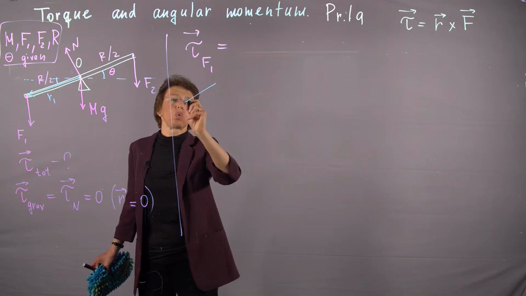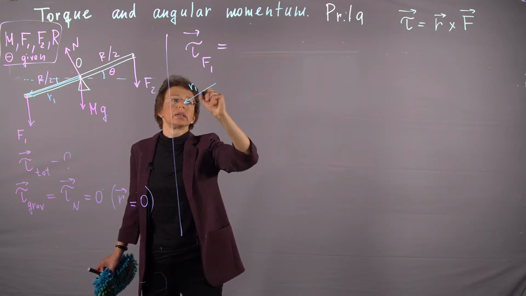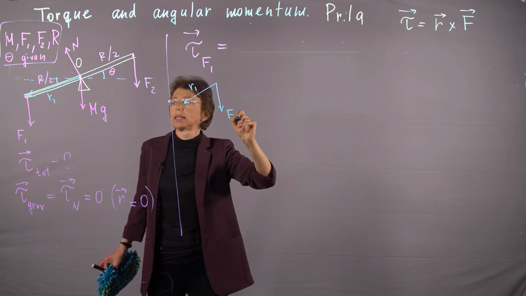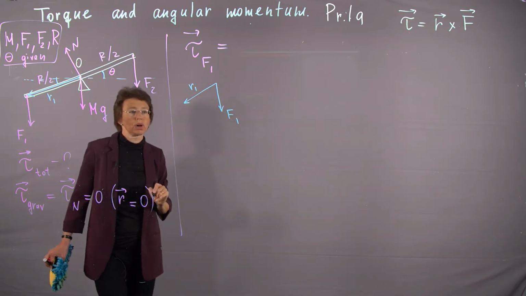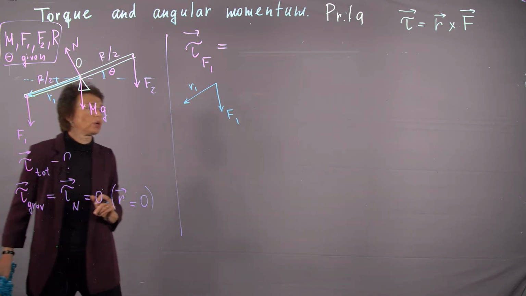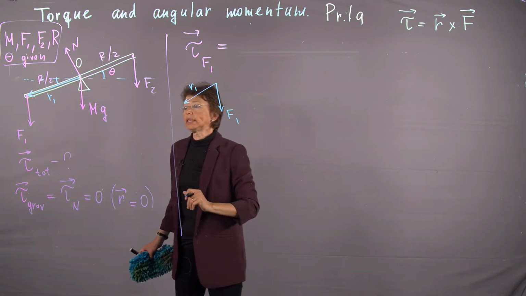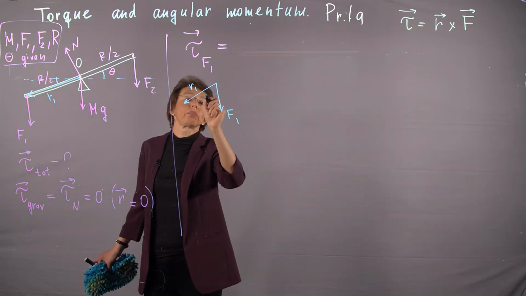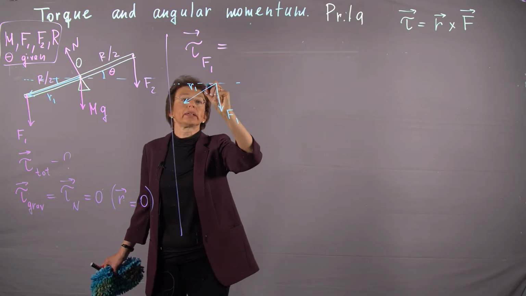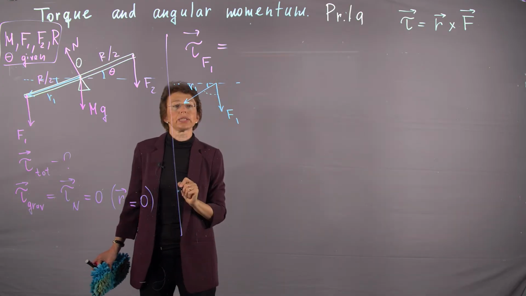This is R1, this is F1. What is the angle between them? The angle that I'm interested in is this, but the angle that is given is this angle.